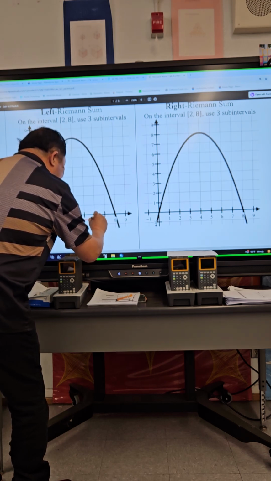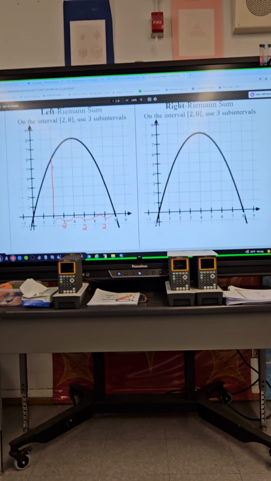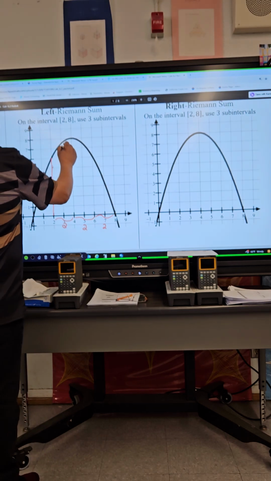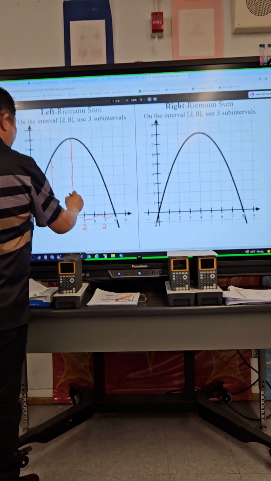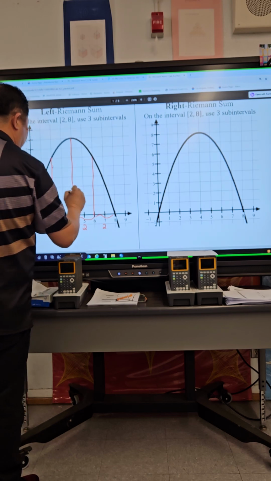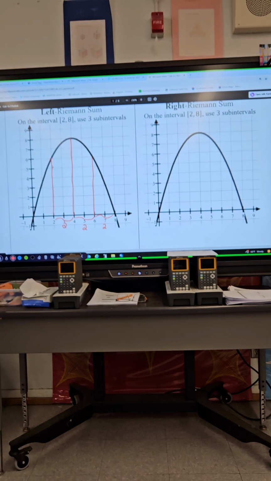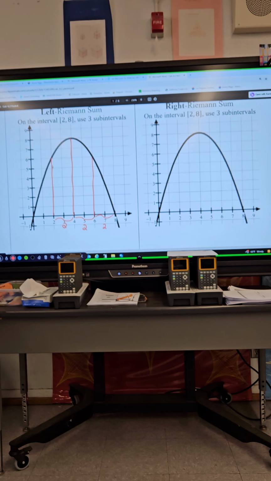And another 2 as the width, until here and right here. Is that clear now? Now, from the interval 2 to 8, how many rectangles are there? 3. That means this serves as the 3 subintervals. Do you get me, guys?